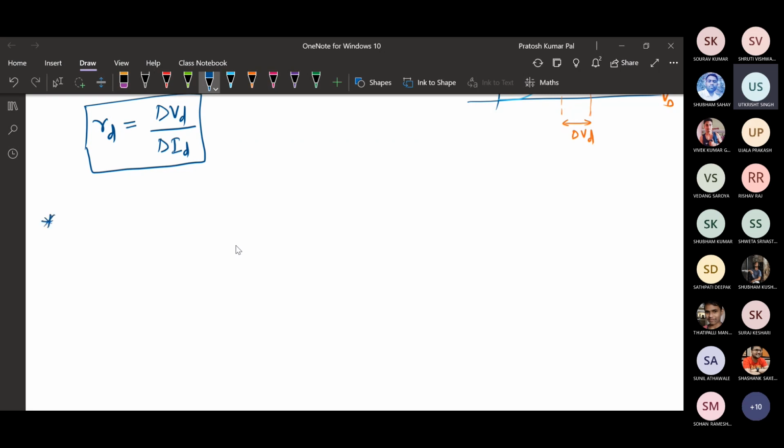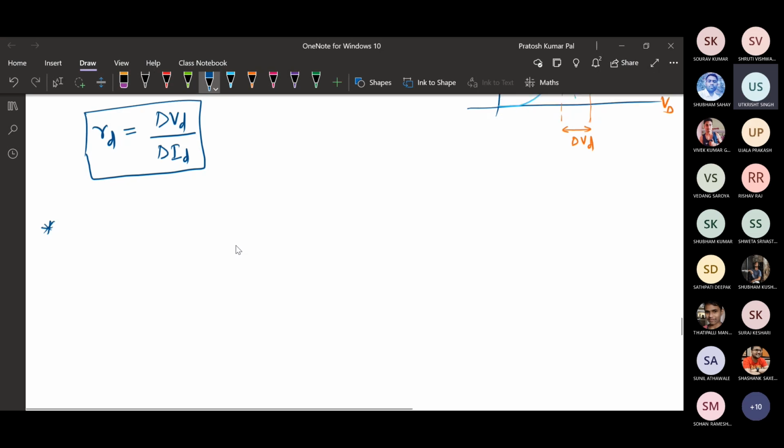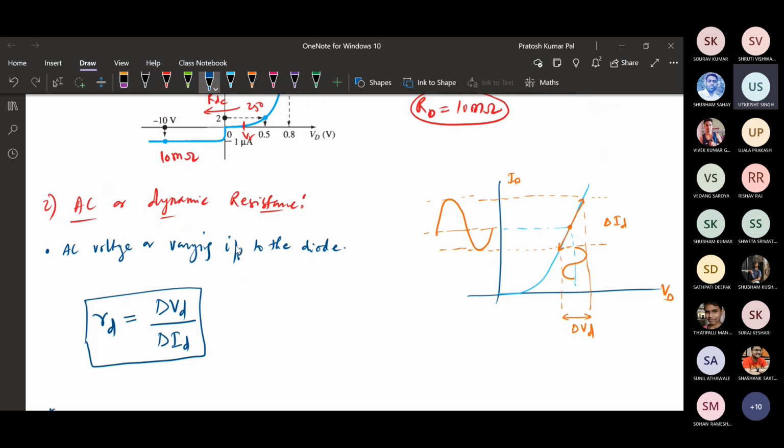So some points we can see. Suppose this is the Q point, so in this case this was the Q point, and with respect to this Q point there will be a variation in the input, and with respect to that there will be a variation in the output.